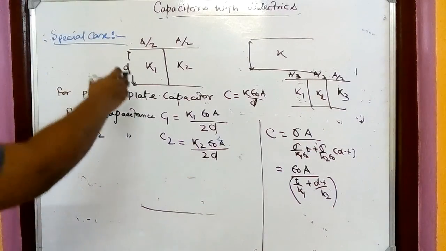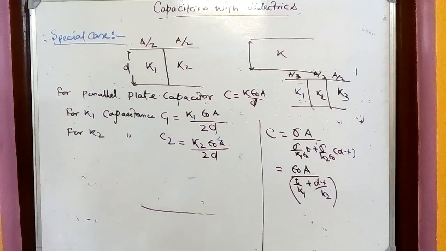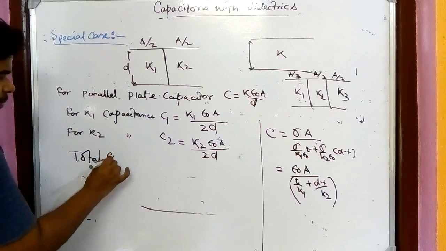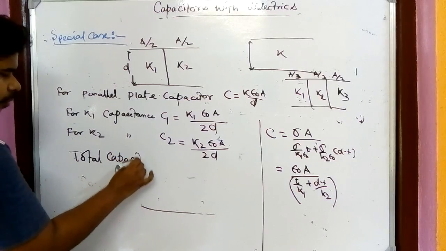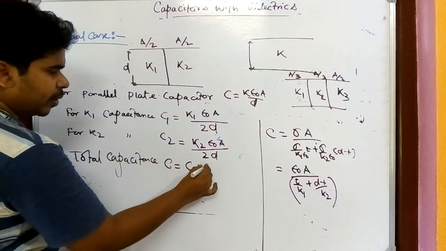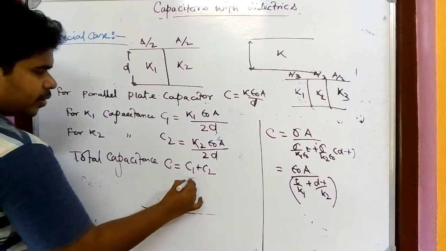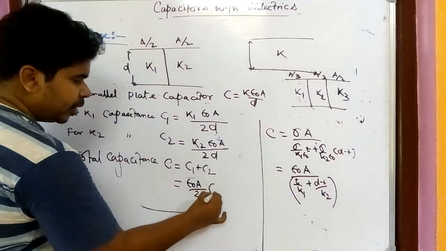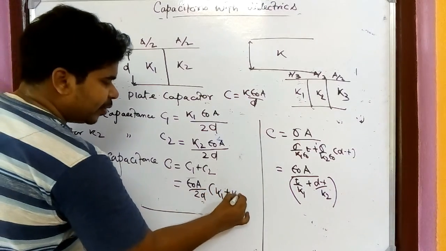Okay, and here it is 2, that's why we have written 2D. Now total capacitance C equals C1 plus C2. Okay, so it is epsilon naught A by 2D into K1 plus K2.